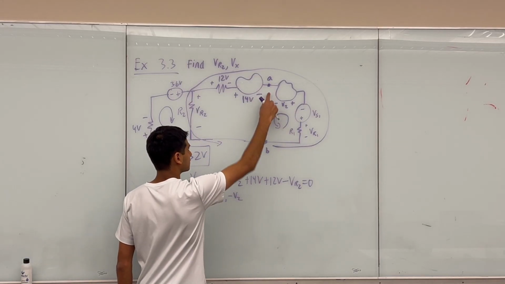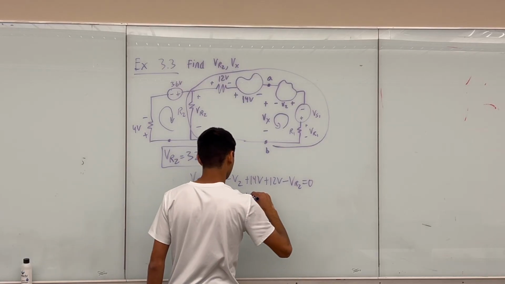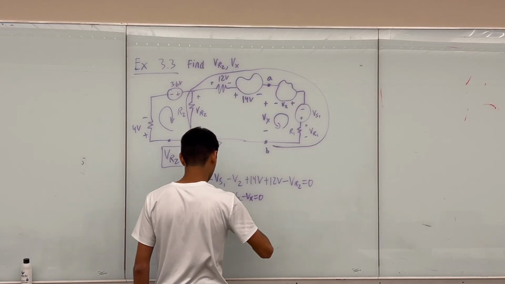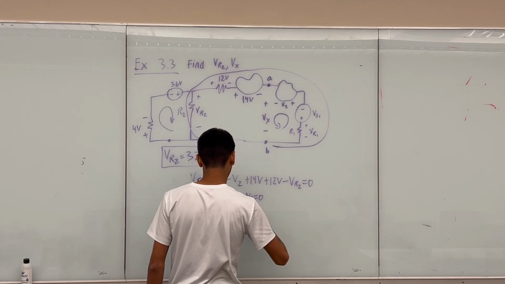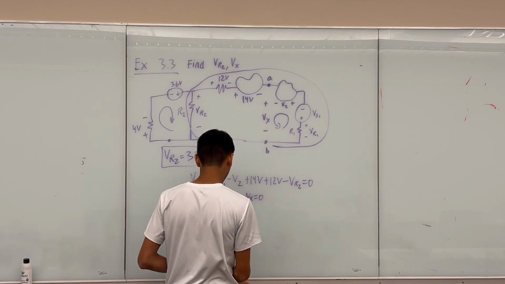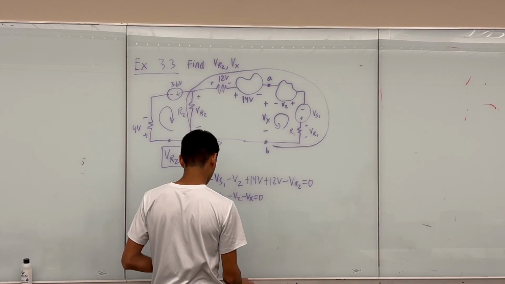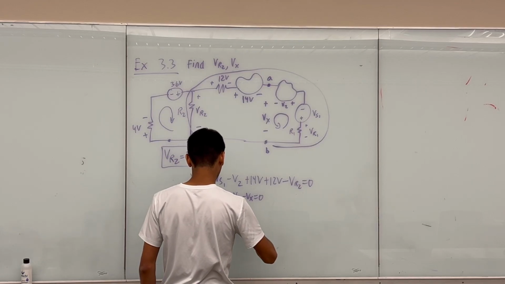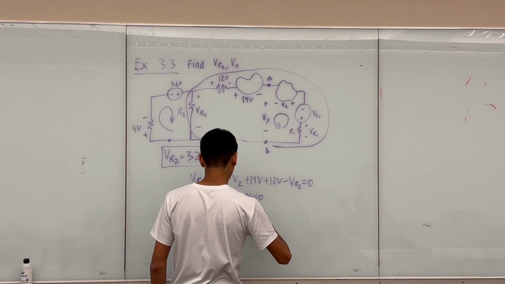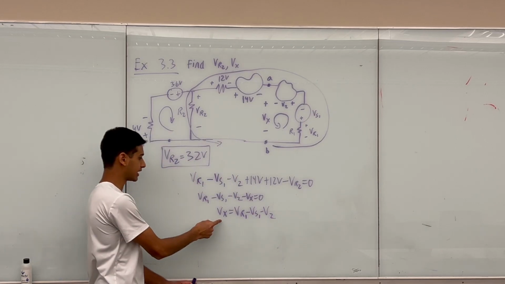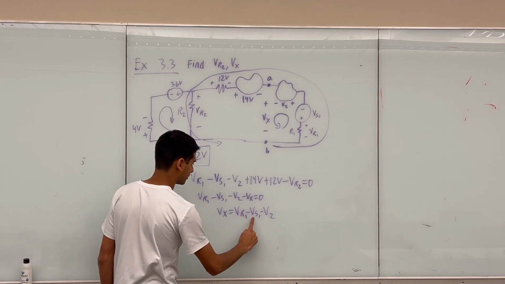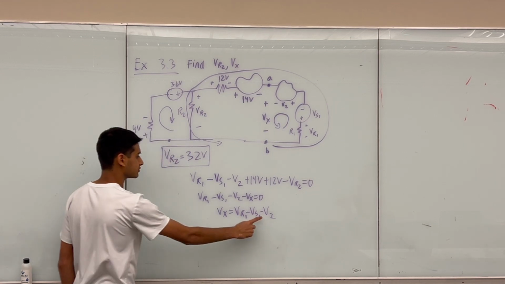So I'm dropping Vx from A to B. So minus Vx equals 0. And so if I solve for Vx, I get that Vx equals VR1 minus VS1 minus V2.